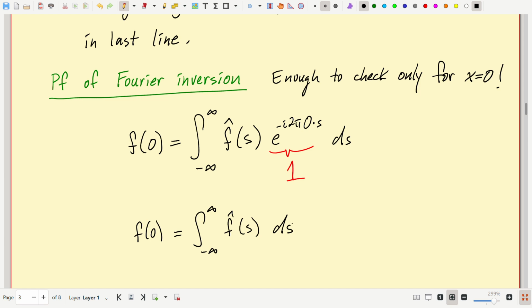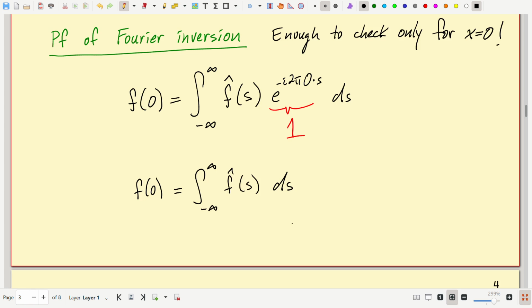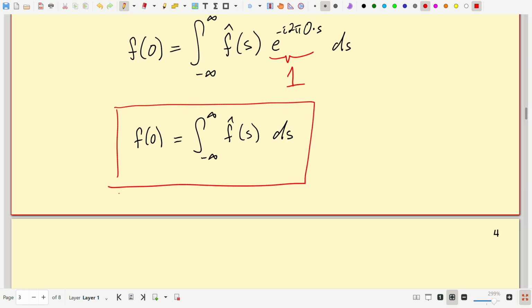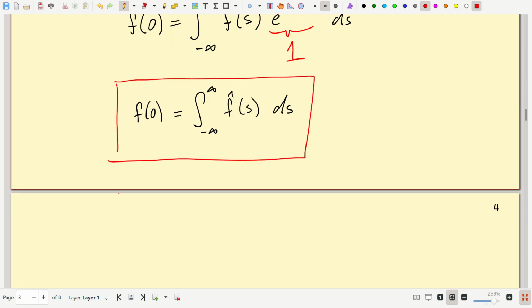Okay, let's think about why that might be true. Let's see, I want to use that little lemma I just did. That's all I need. Okay, so let's think about this. It's kind of a trick.